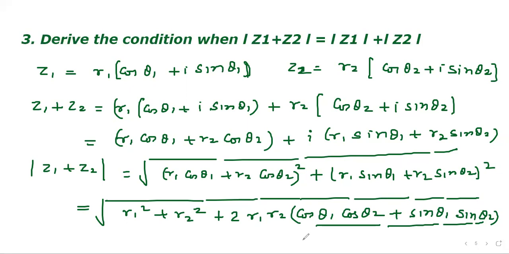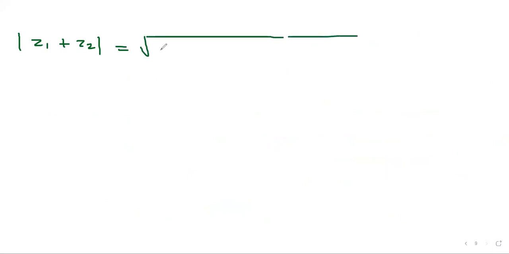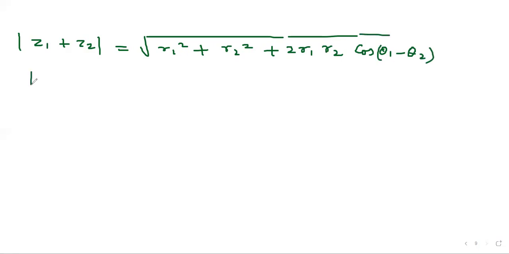So we write modulus Z1 plus Z2 equal to root of R1 square plus R2 square plus twice of R1 R2 cos theta 1 minus theta 2. It's given that modulus Z1 plus Z2 is equal to modulus Z1 plus modulus Z2.